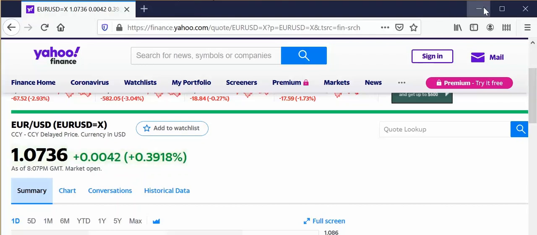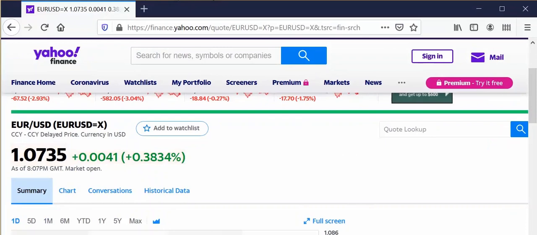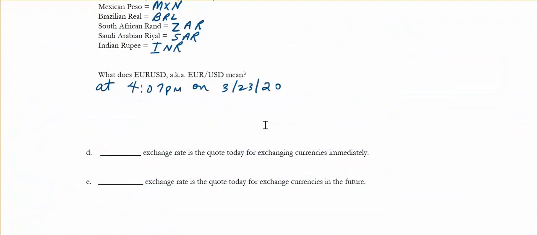So right now, at 4:07 p.m. on March 23rd, 2020, we see it's 1.0735. The EUR/USD is equal to 1.0735.